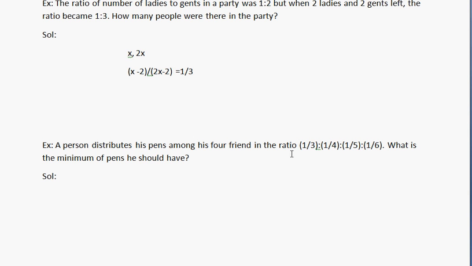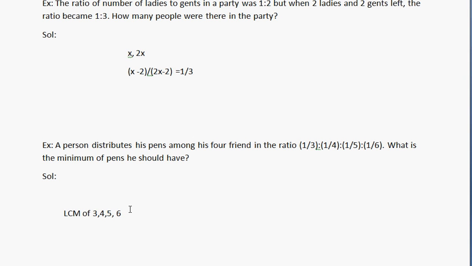How to make them whole numbers? Just take the LCM of the denominators and multiply that with these fractions. So we have to take the LCM of 3, 4, 5 and 6. LCM would be 60.